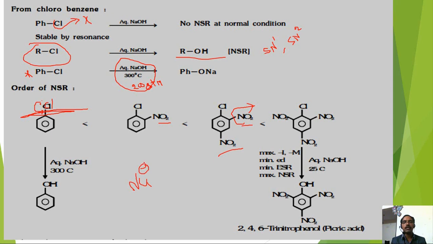Where the electron density is less. In benzene, pi bonds are there and the electron density is high, so it is not ready to attack the benzene ring. But NO2 groups are electron withdrawing groups, so the nucleophile's attacking tendency increases when electron withdrawing groups are present. Here only one group is there, here two groups, here three electron withdrawing groups, so it is more reactive towards nucleophilic substitution.